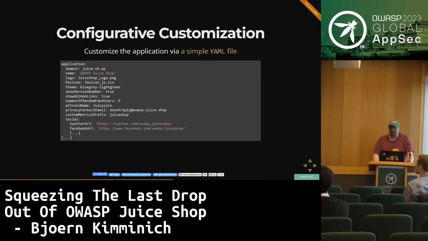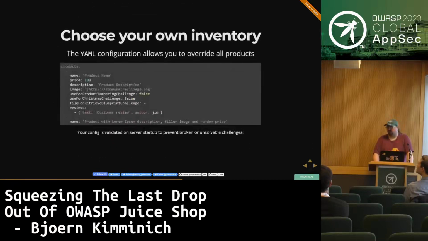You can even override, as you've seen in the screenshots, the complete inventory. So you can define what products should be shown, how much they should cost, and the image, which can be either a local image or a URL, and then during startup it will download the file and put it into the application.